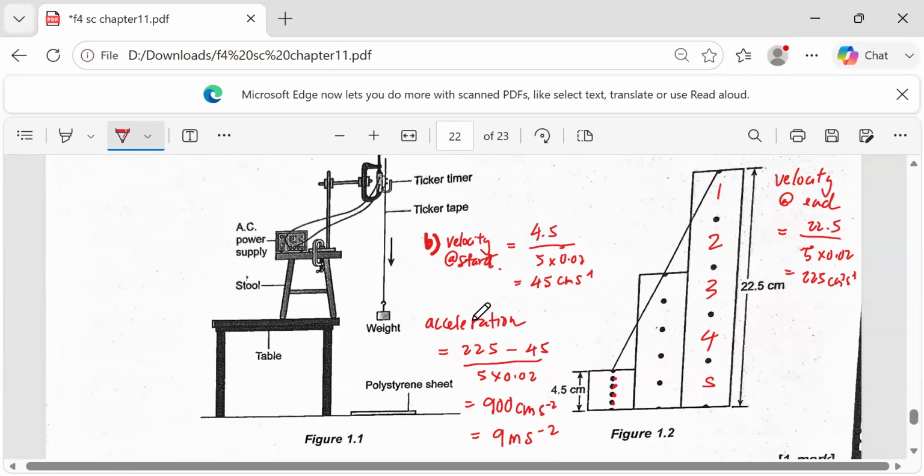Okay, you slowly see. You understand or not? Do you get it now? Do you understand? Okay.